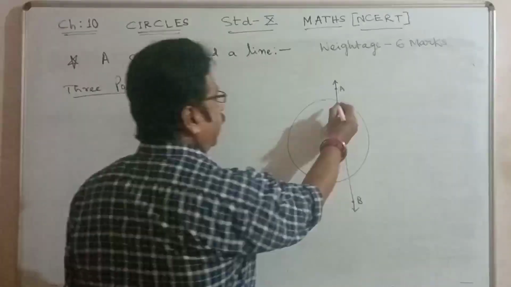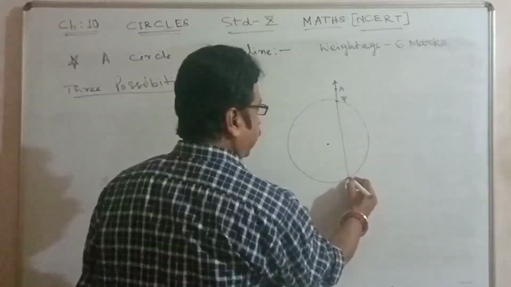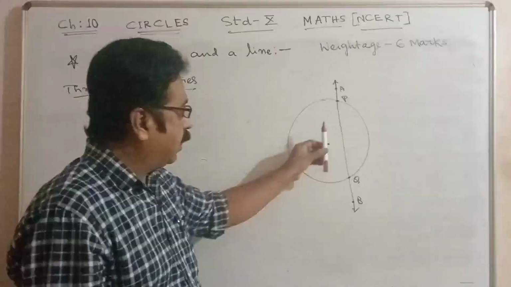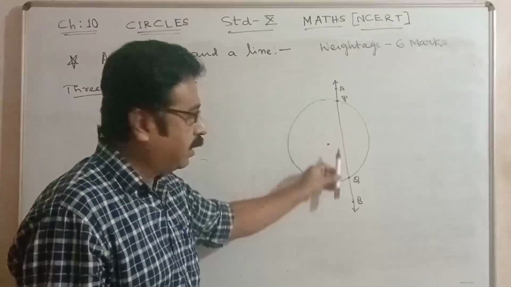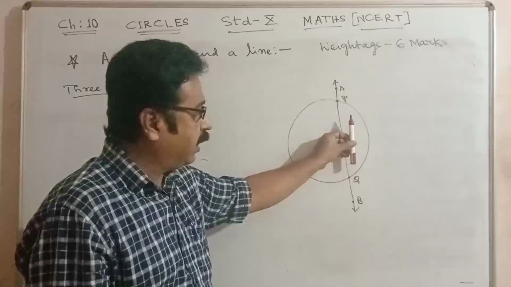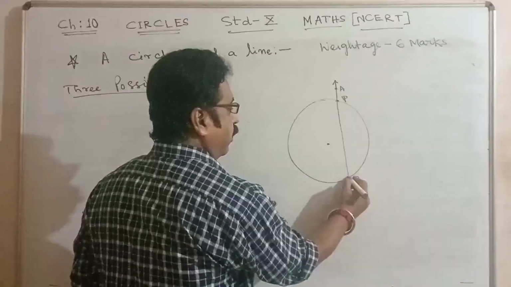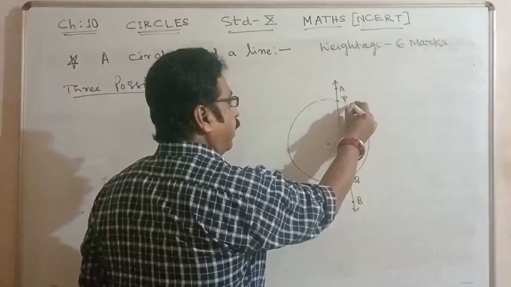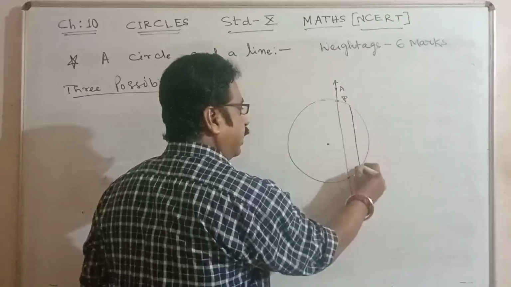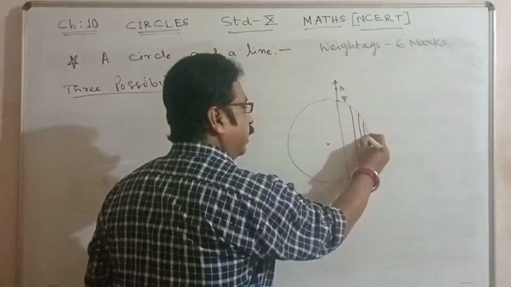It intersects the circle at 2 distinct points, P and Q. If this line AB, or secant AB, moves this way, then the length of PQ will decrease. Next it will be this, next it will be this, like this way it will decrease.